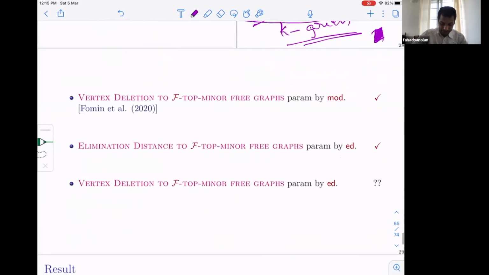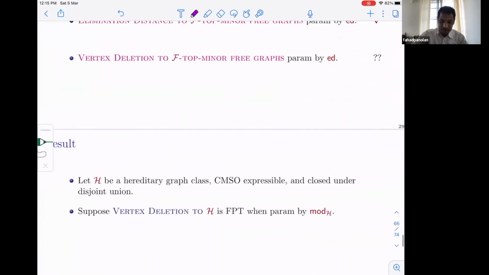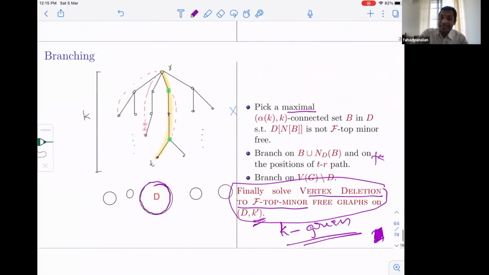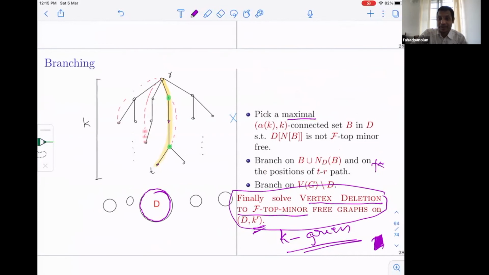So what we proved is, okay, now where did we use that it is F topological minor free? One is to solve this one, right? So if I have a graph class H for which vertex deletion to H parameterized by modulator is FPT, then can we get an elimination distance algorithm?